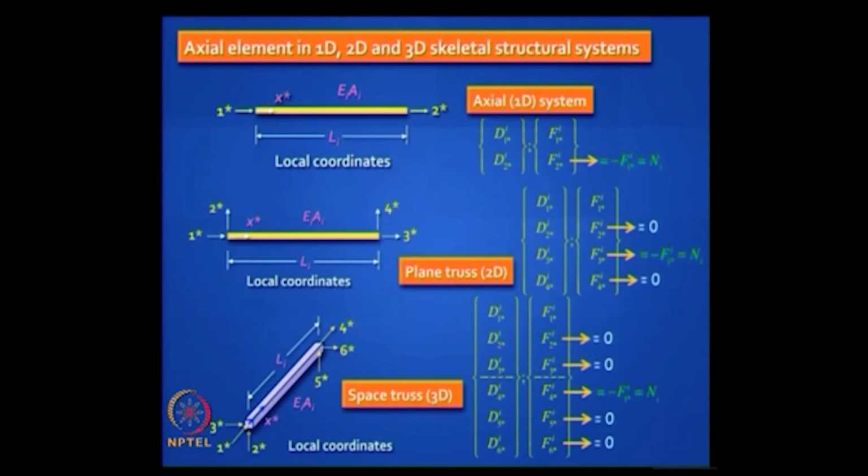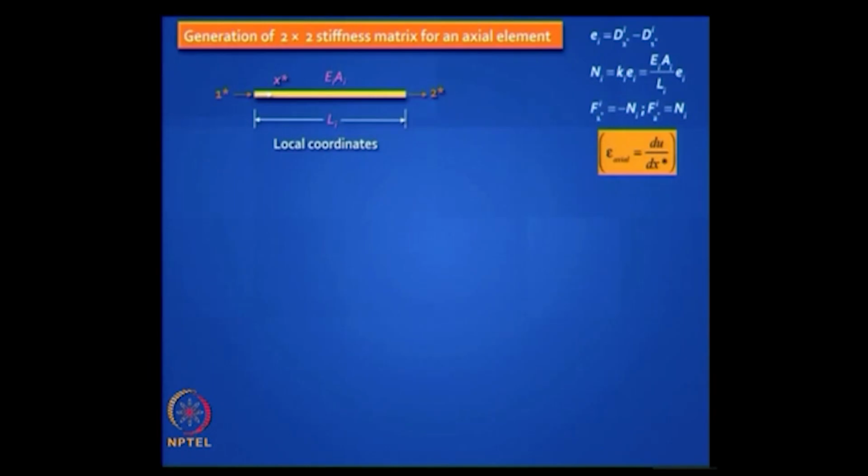You deal with one axial deformation in an element and one internal force in the element. But here this is the way it is done in the conventional stiffness method. Now let us generate quickly the stiffness matrix and the transformation matrix for these three types of elements.